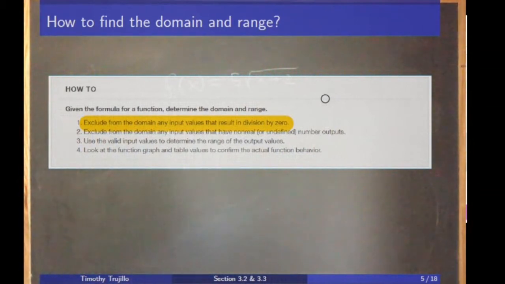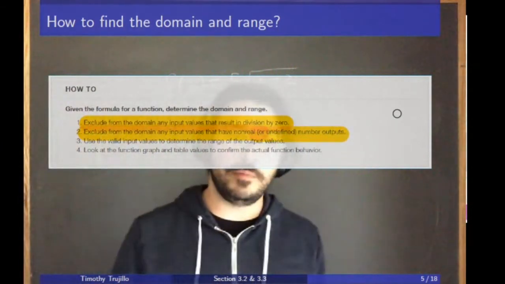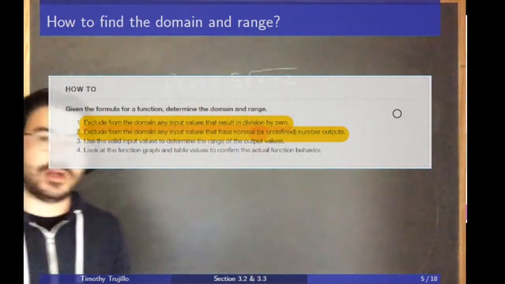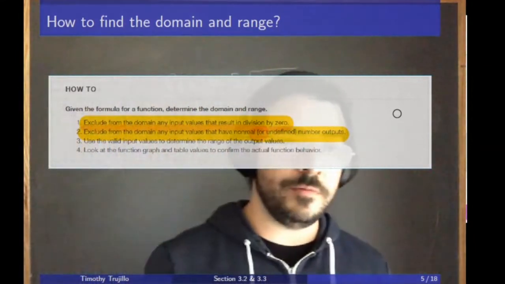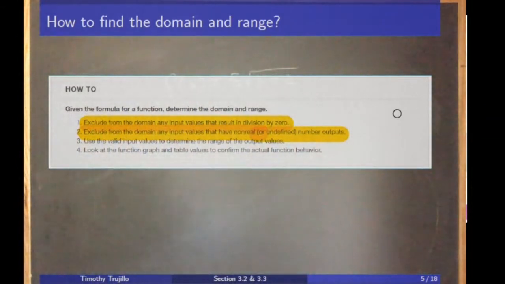It doesn't make sense. The next thing that we have to be careful about is taking the square root or the even root of a negative number. And what that will give us back is a non-real answer. It will give us a complex number, like an imaginary number, like the square root of negative 1 is not a real number, but a complex number. And here when we're talking about domain and we're graphing things in the xy plane, there's only real numbers, right? We don't have any complex numbers floating around in that picture.